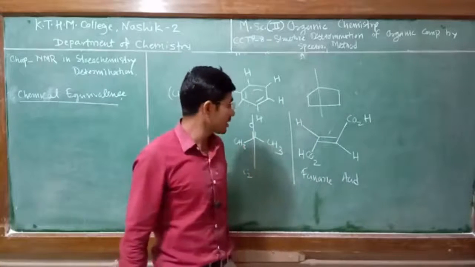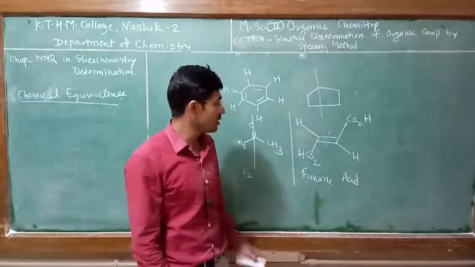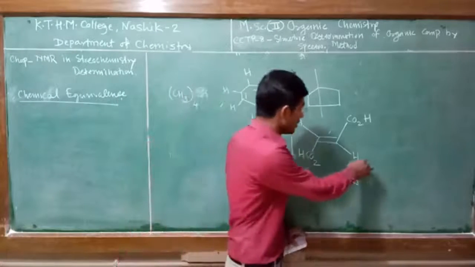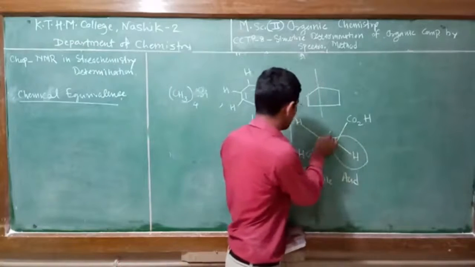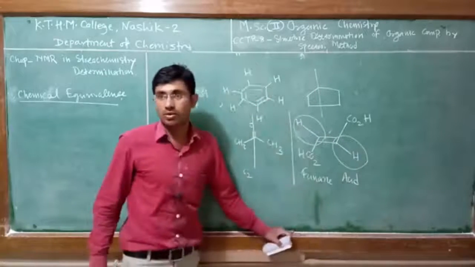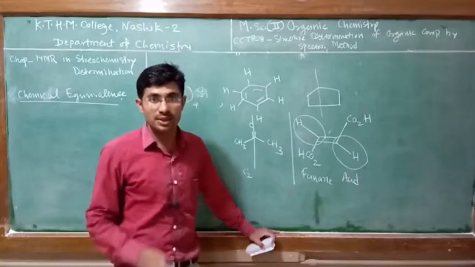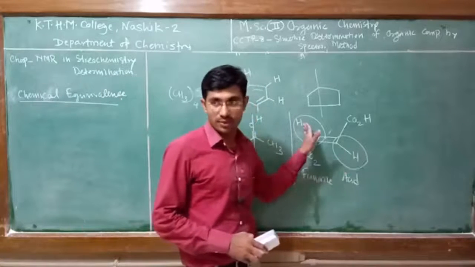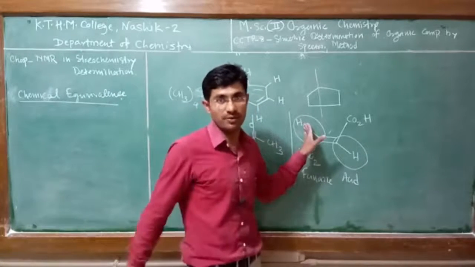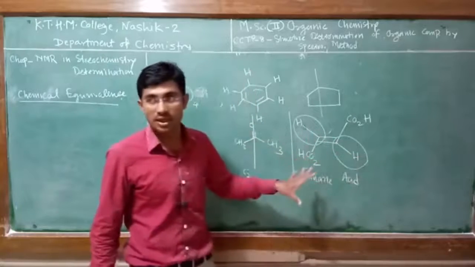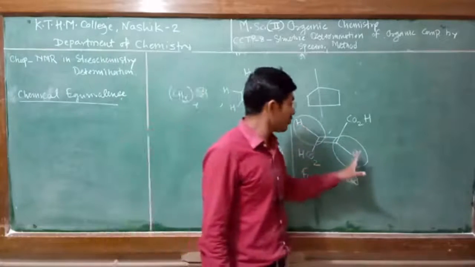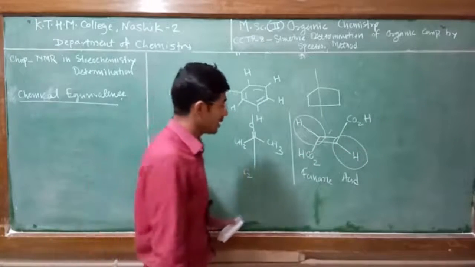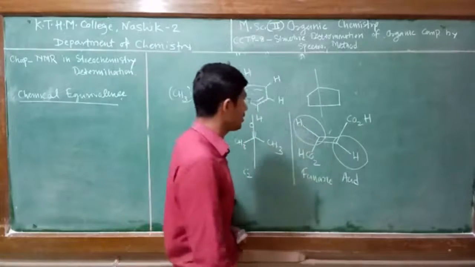In this fumaric acid there is a center of symmetry, and because of the center of symmetry, these two vinyl protons are in the same chemical environment. Because of that, this proton is not coupled with the other, and they are chemically equivalent protons. Remember that. This is the example of fumaric acid, in which we also observe chemically equivalent protons.